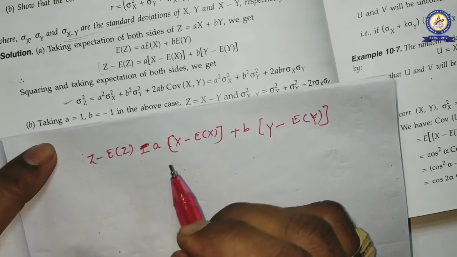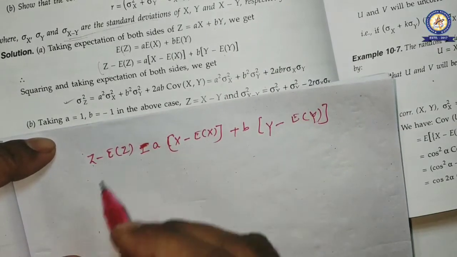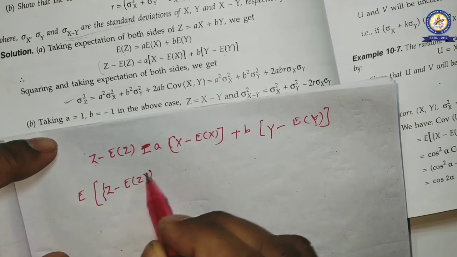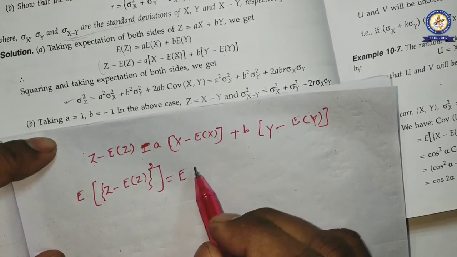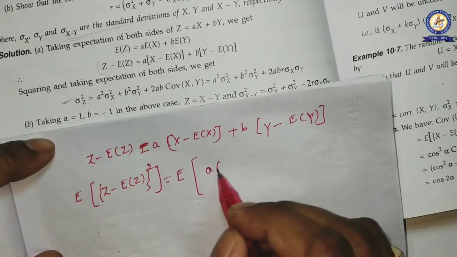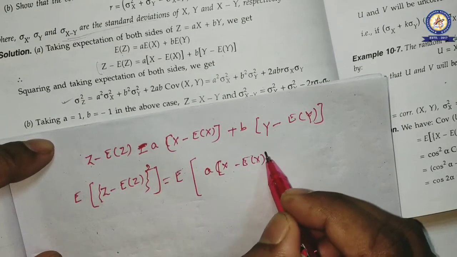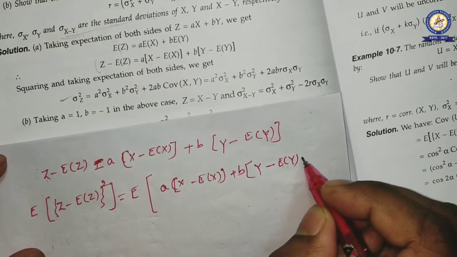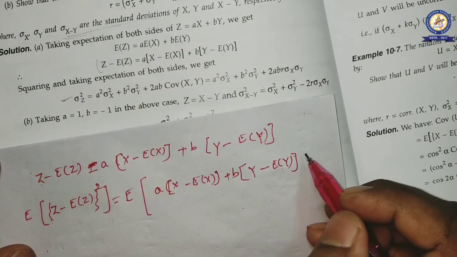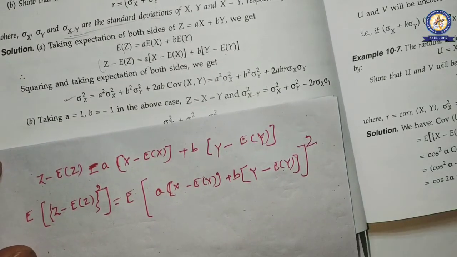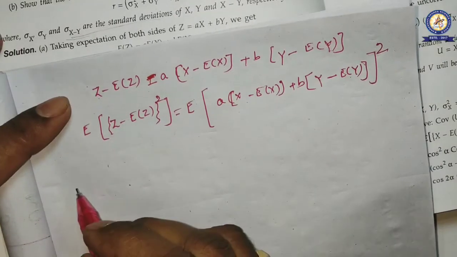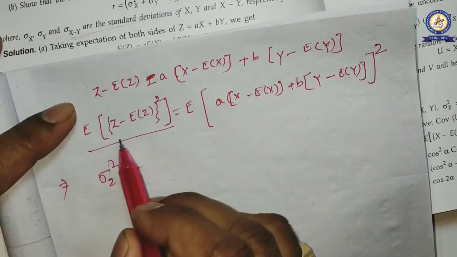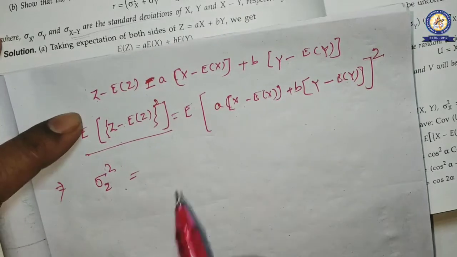That means here we have to consider expectation of z minus Ez whole square, then expectation of this whole, a into x minus expectation of x plus b into y minus expectation of y, whole square, right? Here this is nothing but your sigma z square, so expectation of z minus expectation of z whole square equals sigma z square, that means variance of z.